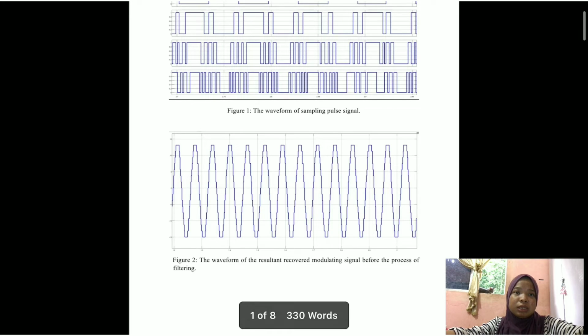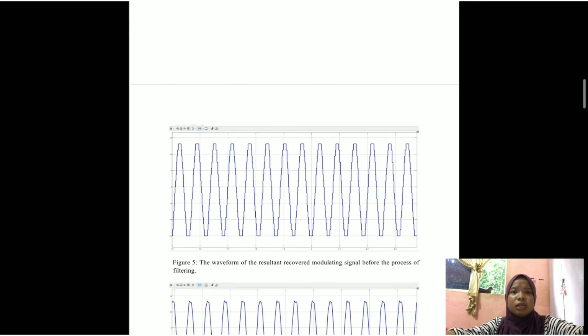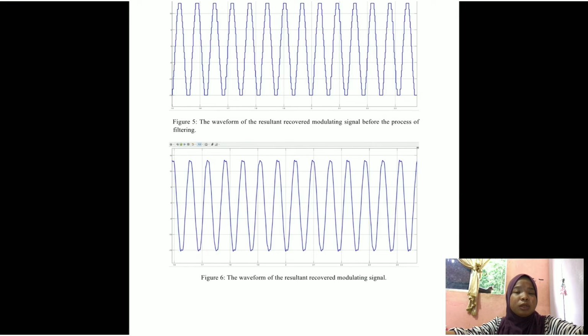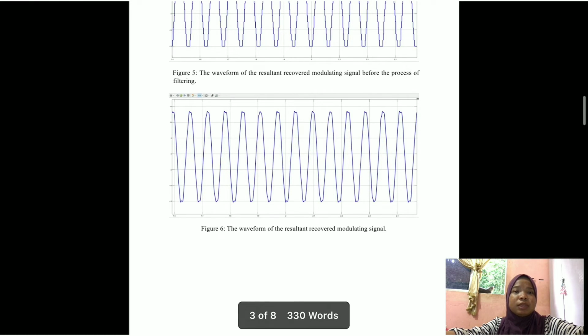We can see the amplitude clearly is not very smooth. And then this is for 8-bit at 15 volt, the waveform of sampling pulse signals, and then the waveform of the resultant modulating signal of 8-bit.